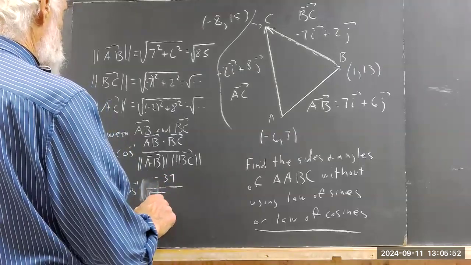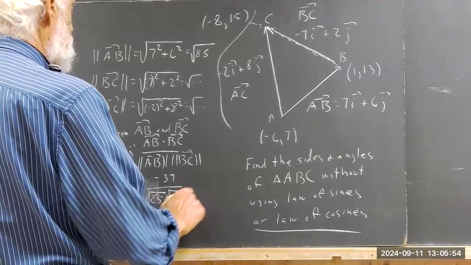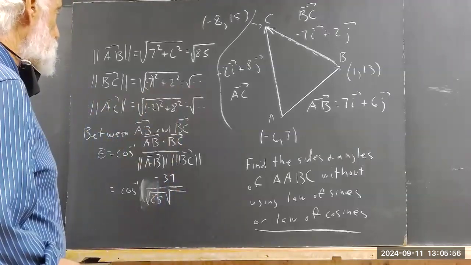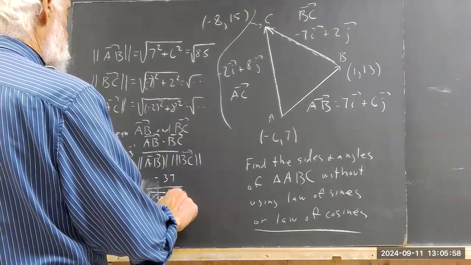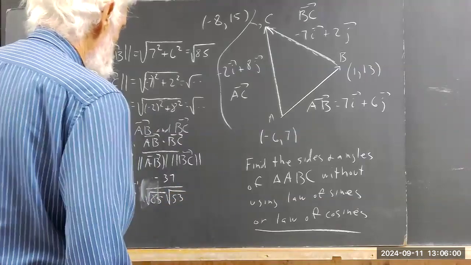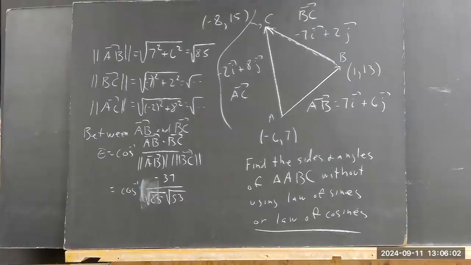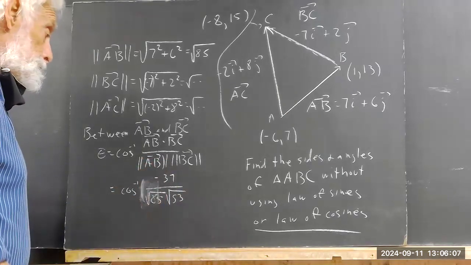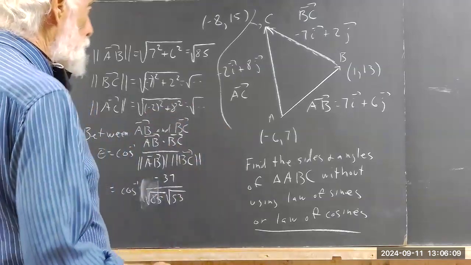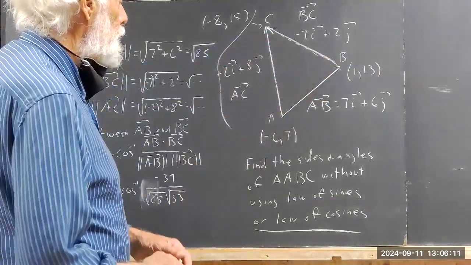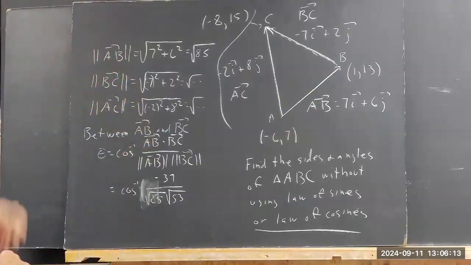And then you have the square root of 85 times the square root of BC's squared length, which would be 53, I think. Okay. Makes sense? And you're going to get an angle greater than 90 degrees, which it certainly is.